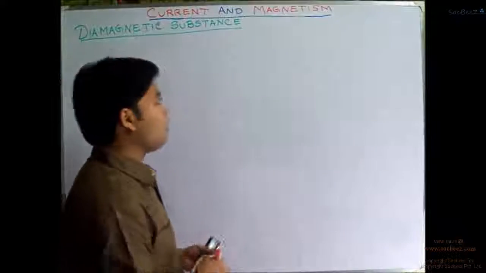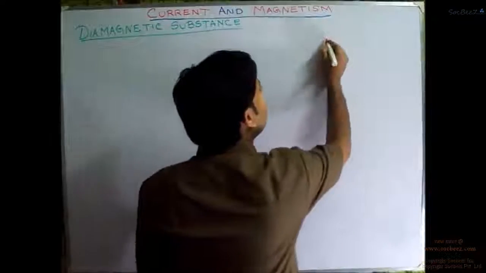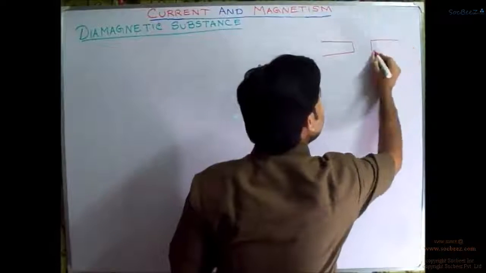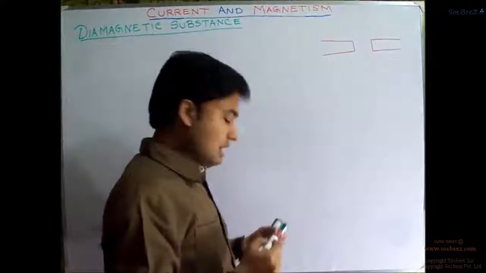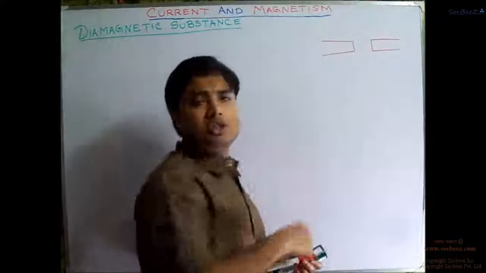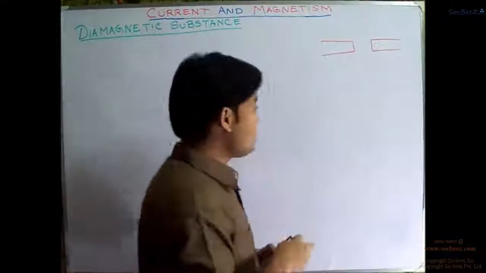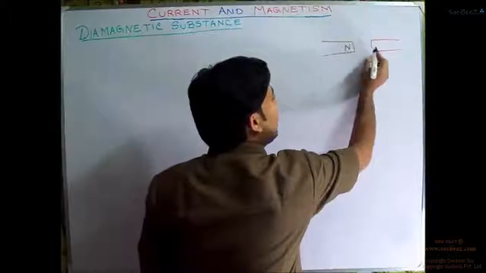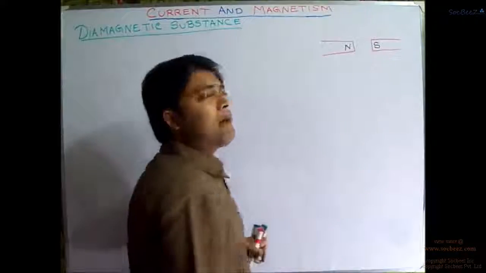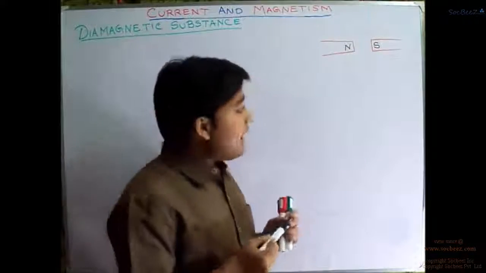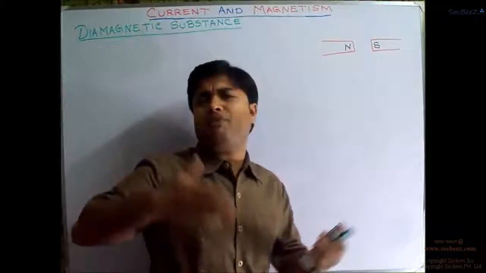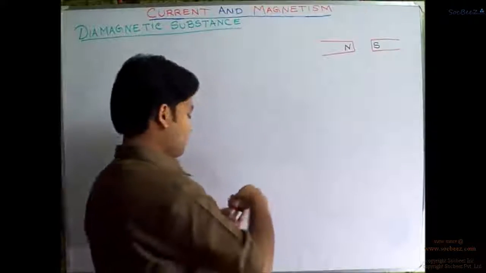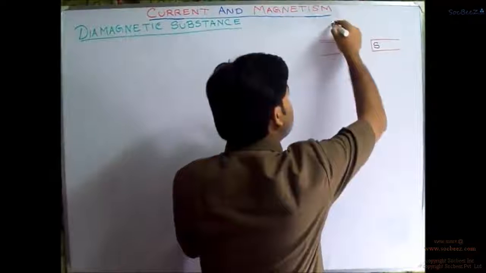Now say for example over here we keep two bar magnets separated by a very small distance. The north pole of this bar magnet is over here and the south pole of the other bar magnet is over here. And a container, say for example like a bowl, is placed like this.